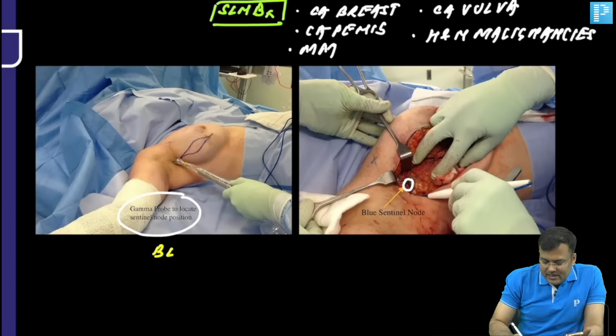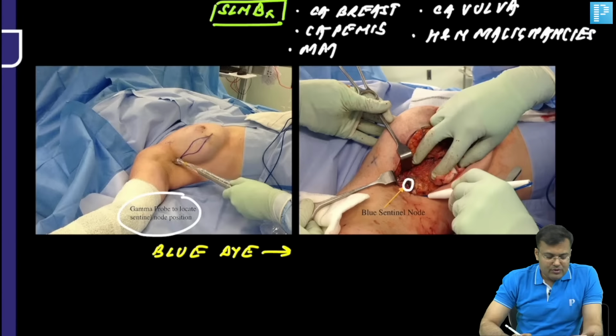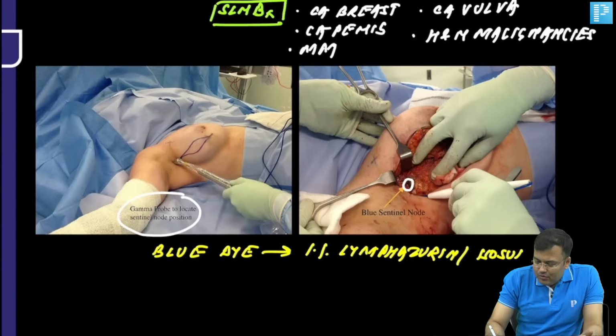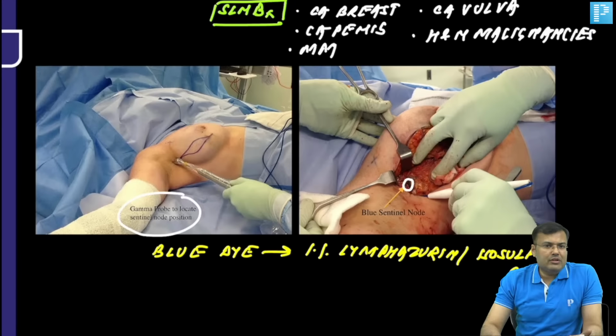It is 1% lymphazurine, or isosulfan blue. We can use methylene blue also, but it is most commonly 1% lymphazurine or isosulfan blue.